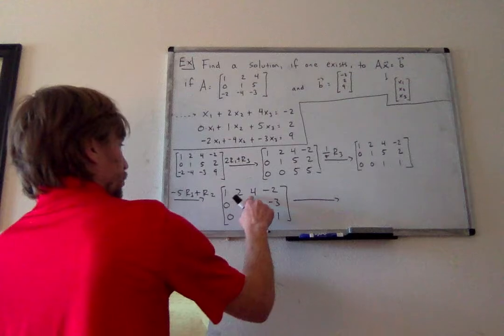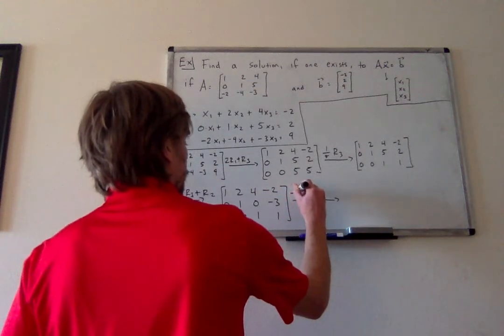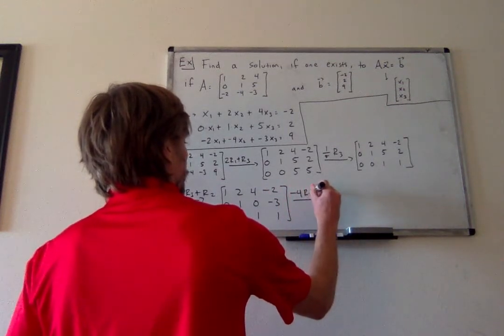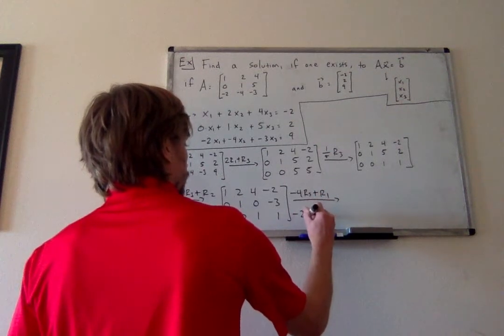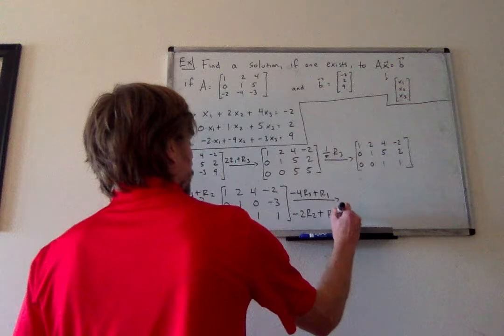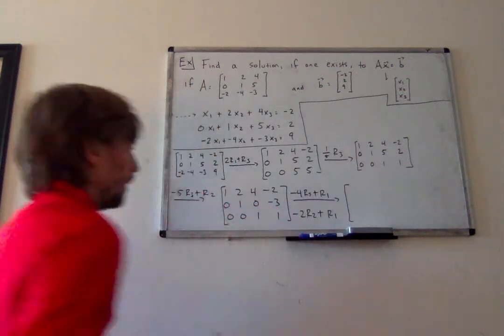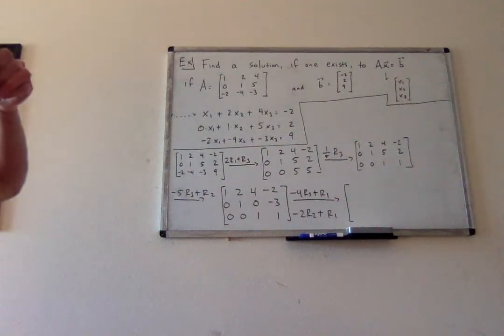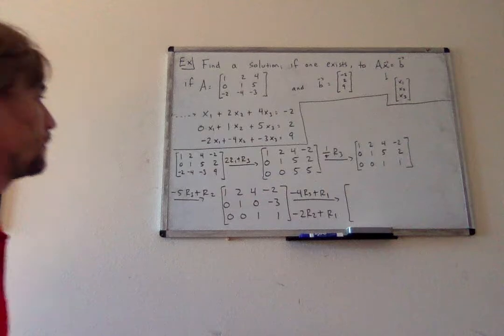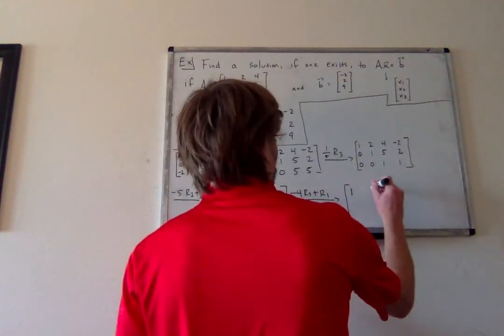So I want to clear out this 2 and this 4, right? So I'm going to do negative 4 row 3 plus row 1 to replace row 1, and I'm going to do negative 2 row 2 plus row 1 to replace row 1. And assuming I did everything correctly, hopefully, you should get the following reduced row echelon form matrix.